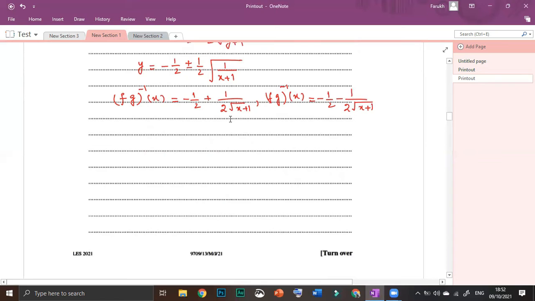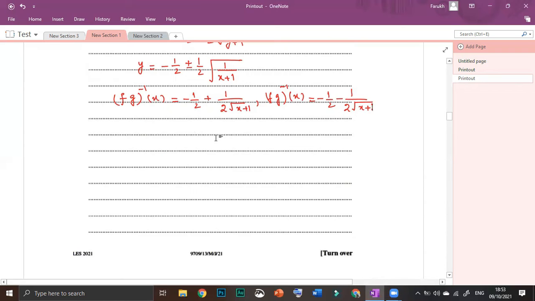The domain of f is the range of the inverse. Now see that the range of (fg) whole inverse should be less than -1/2, but you can see that in the first expression it is -1/2 plus something, which will generate a number greater than -1/2, so this one is not applicable.